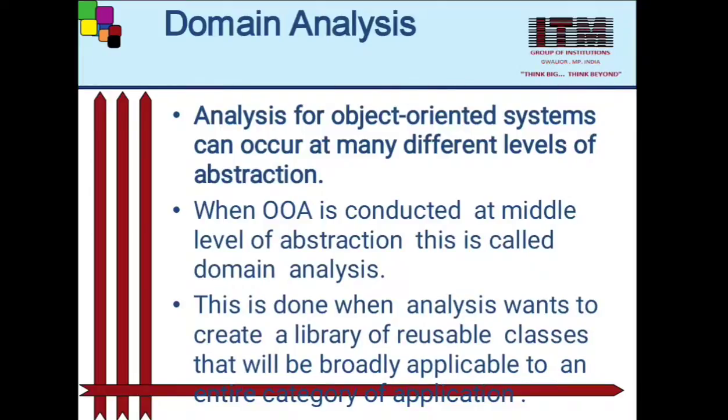At the business area level, an object model that describes the working of a particular business area can be defined in the form of a category of product or system.